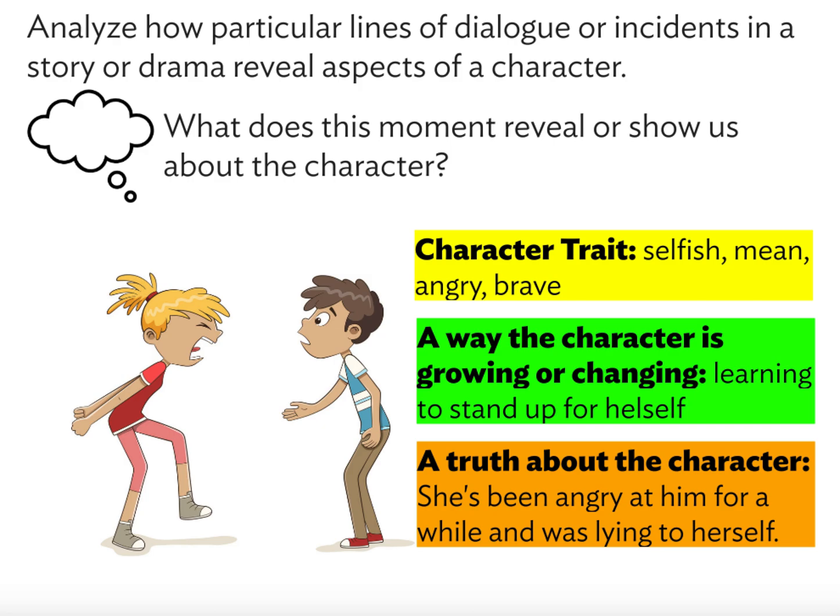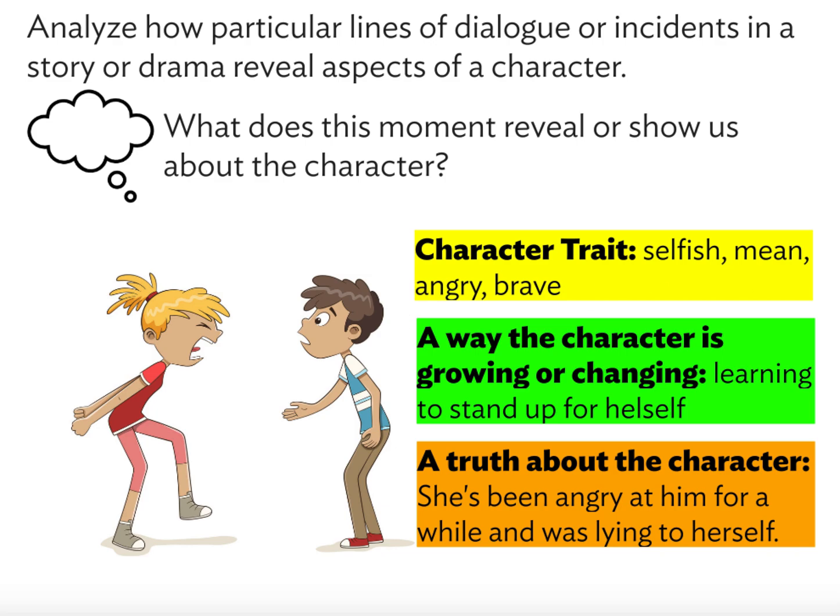Maybe I'm realizing that my main character has actually been angry at this guy for a while and has been lying to herself, and she's finally telling him what she thinks. So the moment that you choose, you can choose to talk about a character trait, a way the character is growing or changing, or a truth that you are realizing about the character.